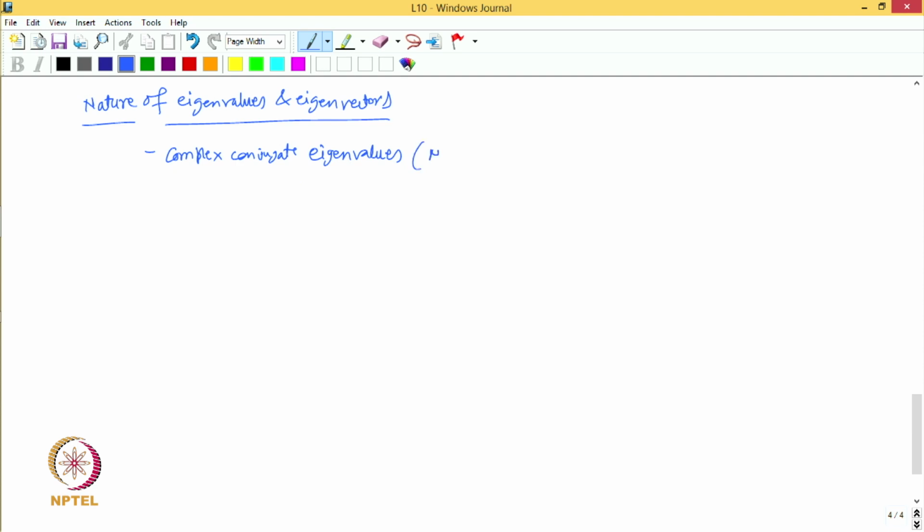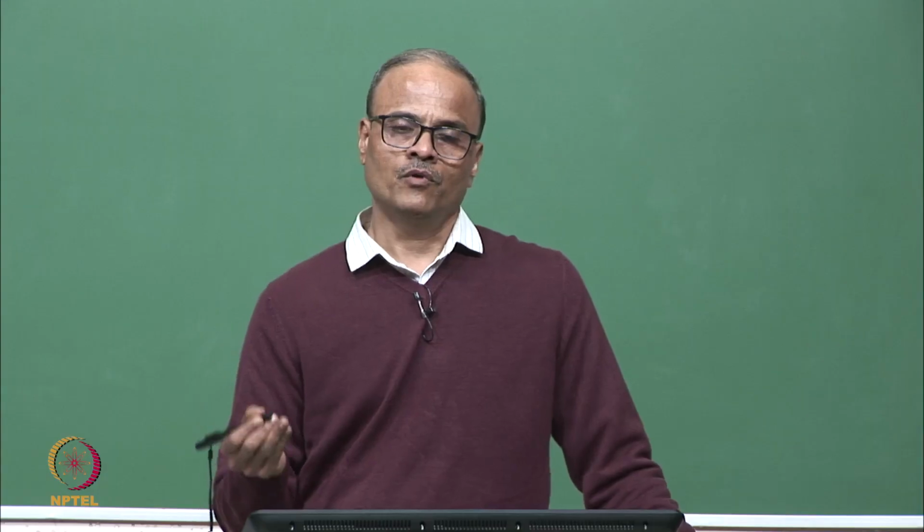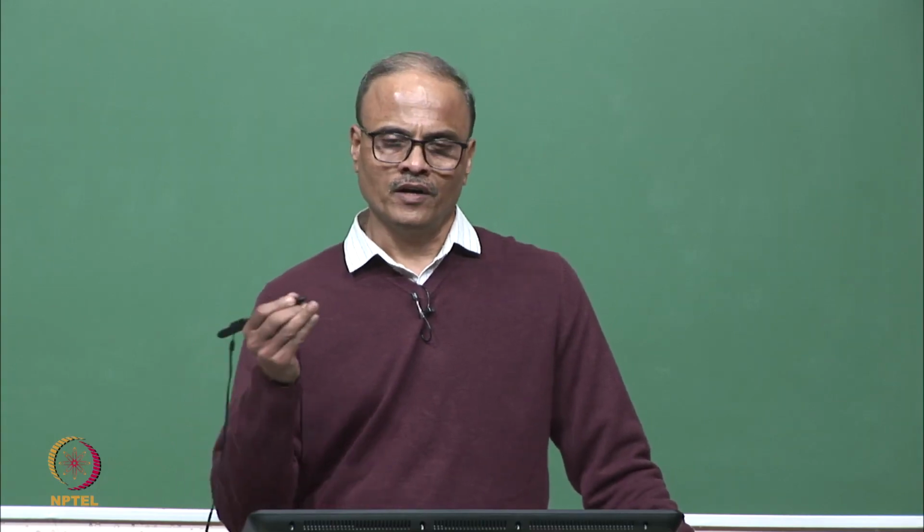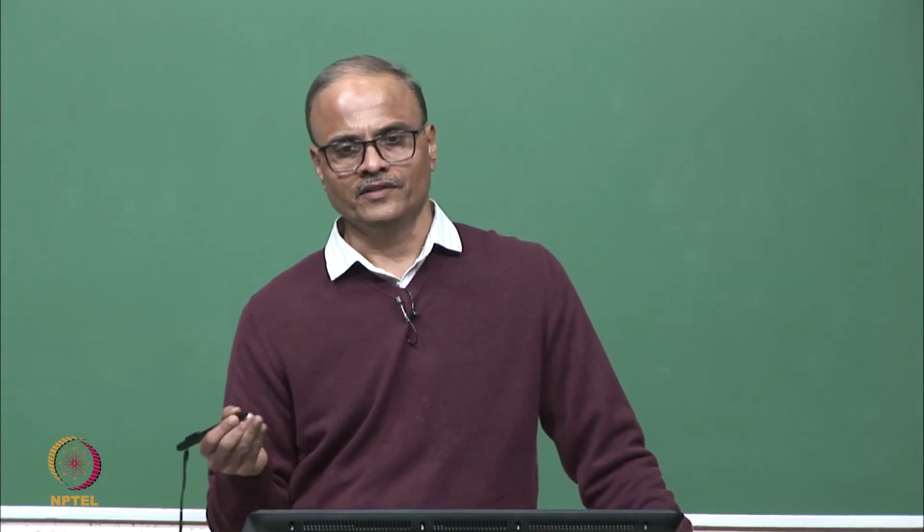So, we have n pairs of complex conjugate eigenvalues, which basically means that if I take any eigenvalue S1, then there will be a corresponding eigenvalue S1 star. For eigenvalue S2, there will be a corresponding eigenvalue S2 star, and for Sr there will be a corresponding eigenvalue Sr star.